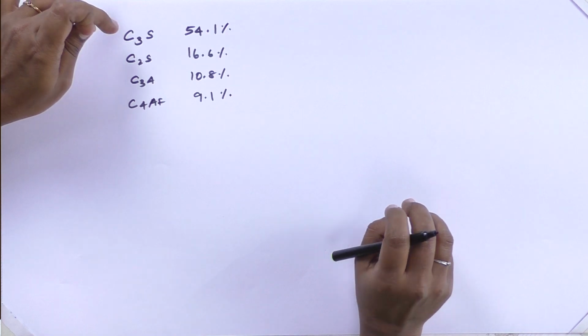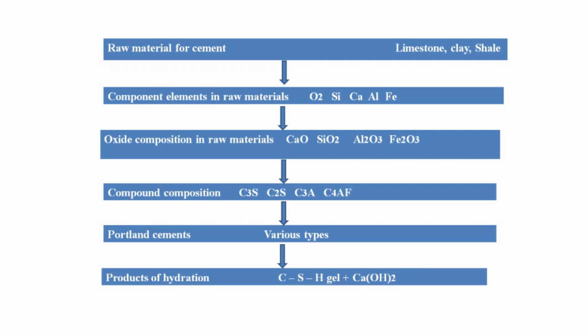Now I'll show you a flow chart of how cement is manufactured right from the basic mineral ore. First is the raw material for cement, that is, as I said already, limestone, clay or shale is quarried. The elements available in the raw materials are in the nature of silica, calcium, alumina and iron.